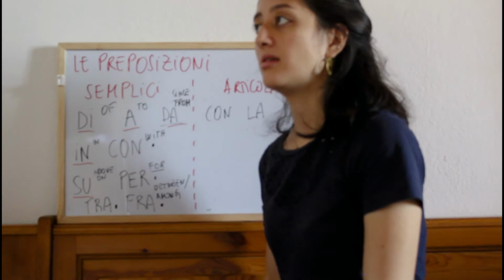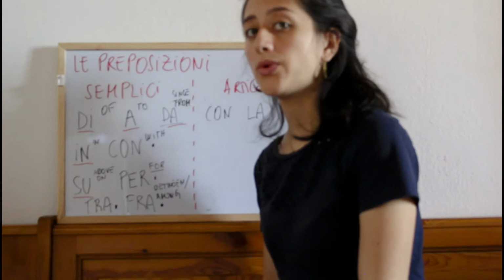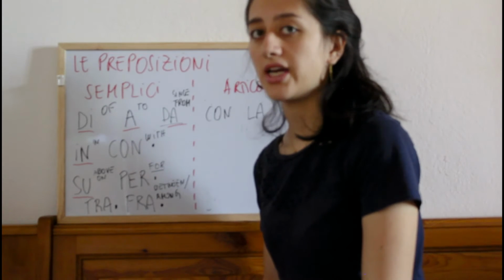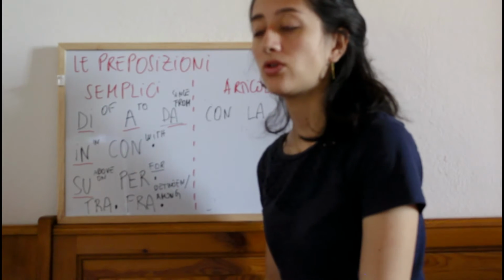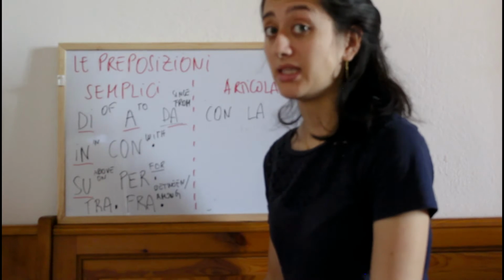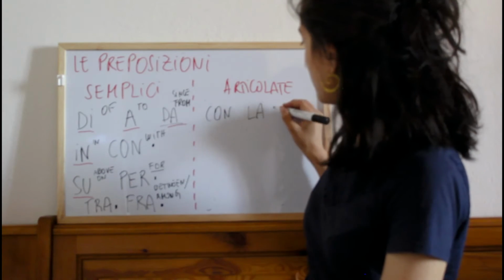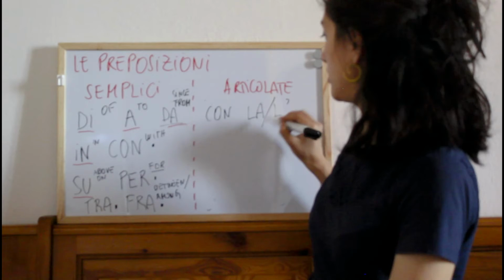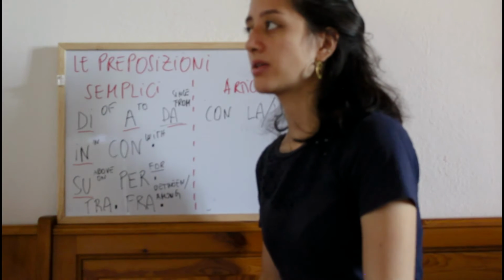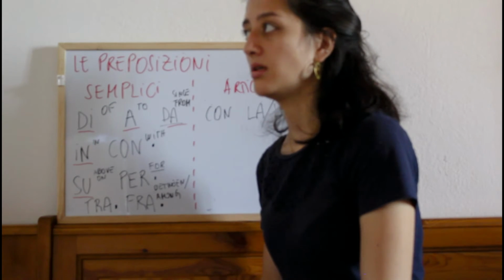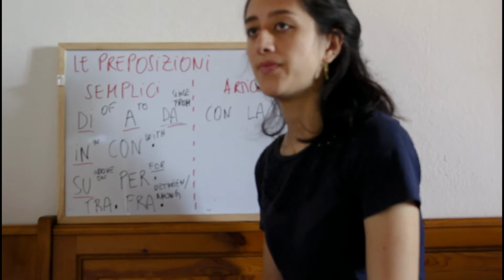I walk with the friend. Io cammino con l'amica. In this case we have l apostrofo, it is the same. Io cammino con la macchina.